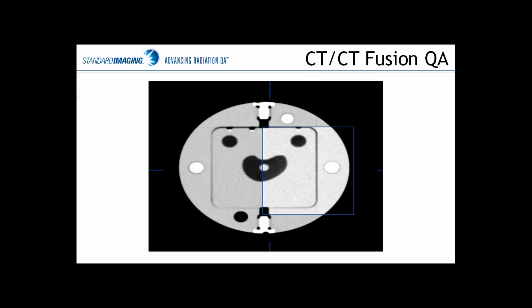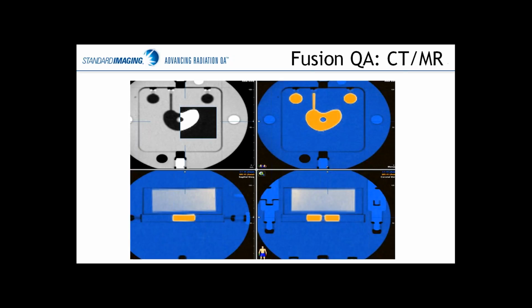So after analyzing the imaging capabilities of our CT or MRI system, the Lucy Phantom can also look at your Fusion QA. So if you have Fusion software or Fusion routines within your treatment planning system, we can take two different CT images, one that's slightly rotated, for example, and compare those within your Fusion QA software routines, looking at how well the structures are aligned.